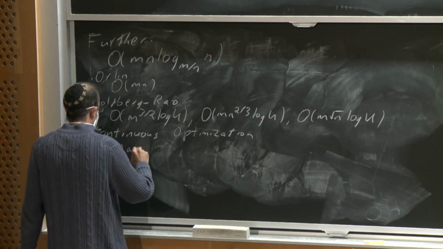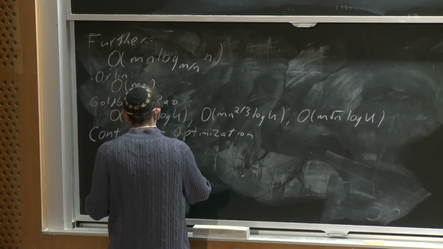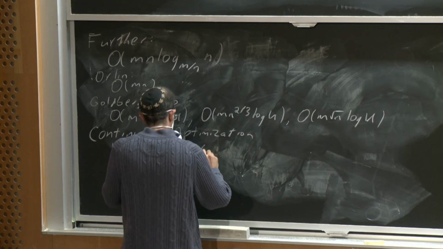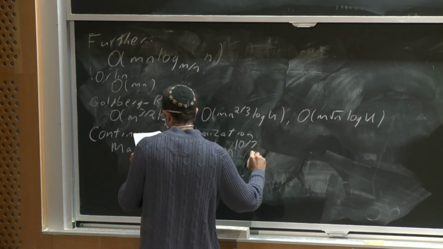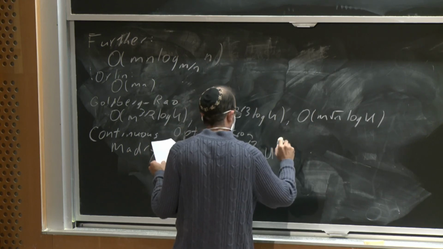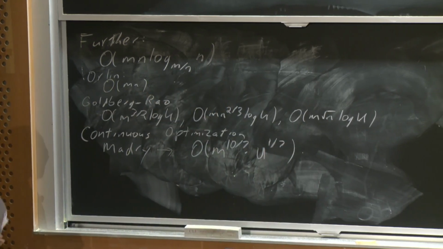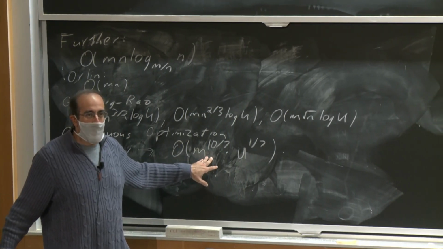A guy named Madry, who's also upstairs, got us down to a bound of m to the 10/7 times u to the 1/7. So pseudo-polynomial, but better than m to the 3/2 by quite a lot.